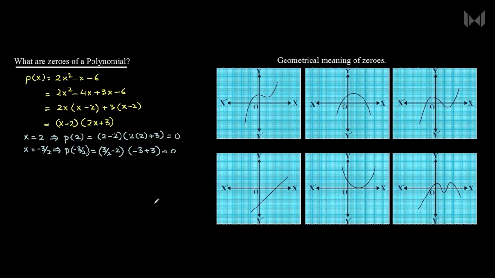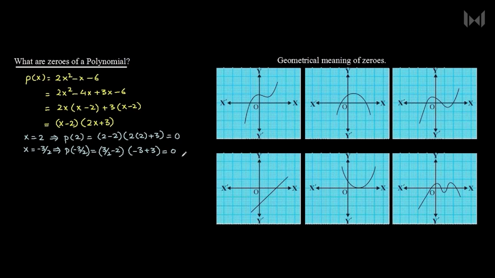Now if I try to plot it on graph paper, I plot x on the x-axis and p(x) on the y-axis. For x = 2, the value of p(x) becomes 0, which means the value of y becomes 0. On the coordinate plane, we are aware that every point on the x-axis has y coordinate 0.